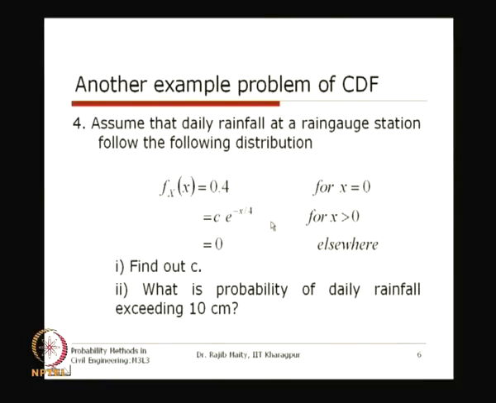Another interesting problem is taken here. This is on daily rainfall at a rain gauge station. Assume that the daily rainfall at a rain gauge station follows the following distribution. If we take the daily rainfall from a particular station, most of the time there will be many zero values, and for some time non-zero values will come.